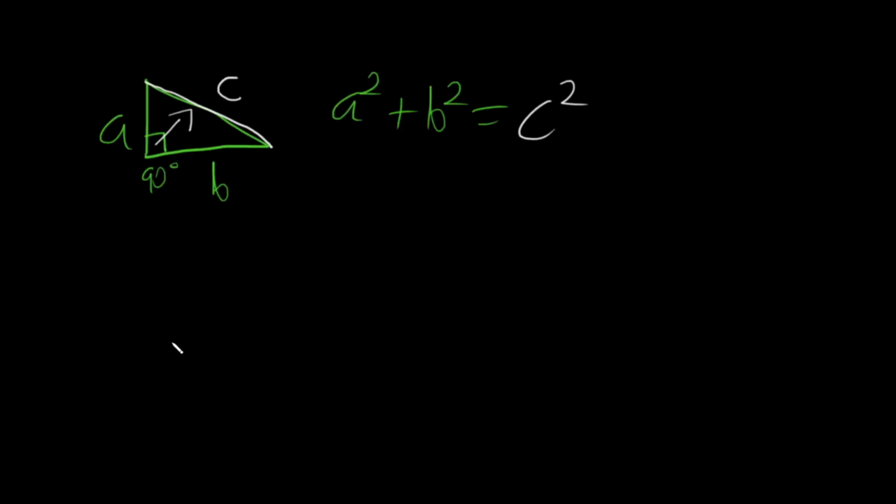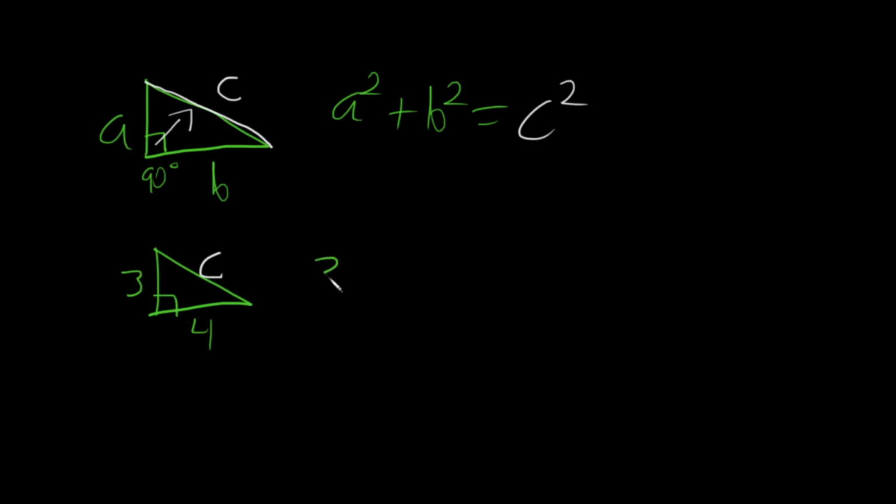The Pythagorean theorem helps us find an unknown side of a right triangle. In that case, we would need two sides of the triangle to begin with. So if we have our right triangle with a side length of 3 and another of 4, and our hypotenuse is the unknown, we'll leave that as c, then we can substitute the sides of the triangle for a and b.